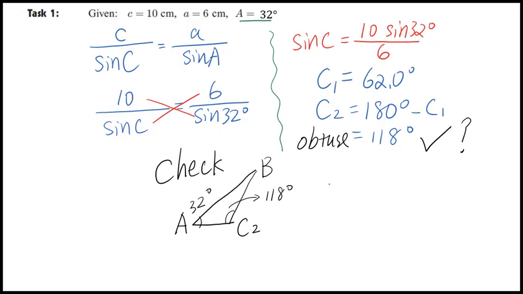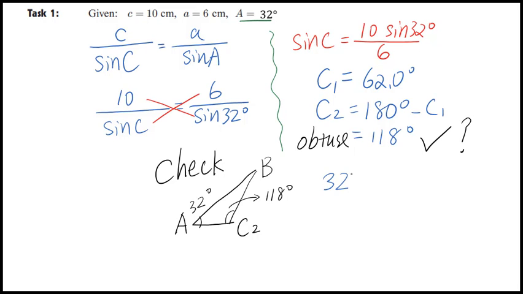As we know, the sum of the angles in a triangle is 180 degrees. Therefore, we need to check whether angle A plus angle C2 is less than 180 or greater than 180. If it's less than 180, which means C2 does exist. But if it's greater than or equal to 180, means C2 is a fake one.